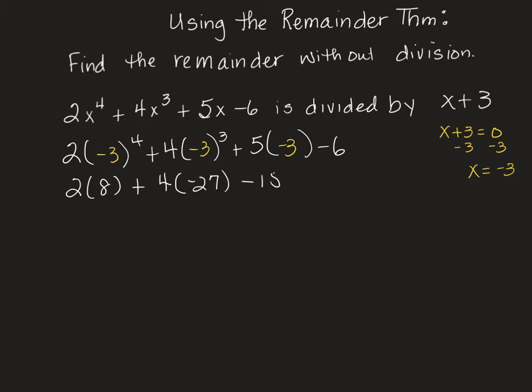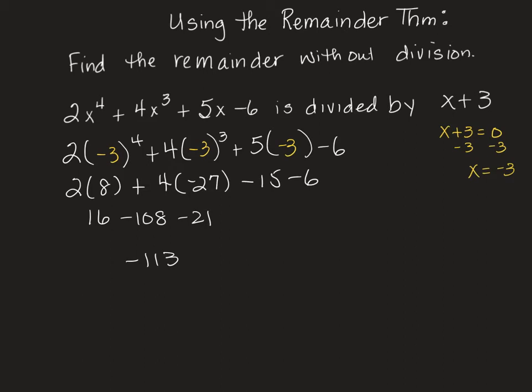That's minus 15 minus 6. 2 times 8 is 16. 4 times a negative 27 is going to be a negative 108. And that's minus 21. So then 16 minus 108 minus 21. I'm going to get a negative 113. Okay, so that's my remainder.